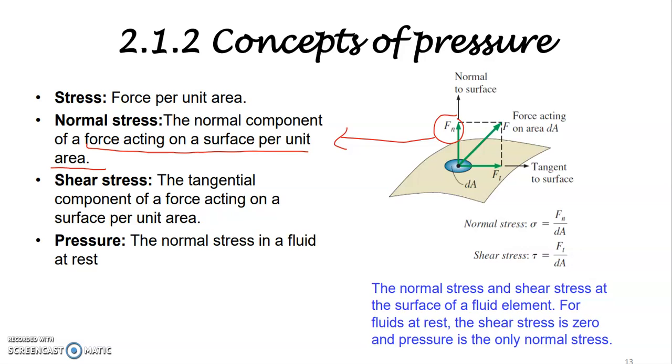Okay, for hydrostatics, there is no shear stress, meaning shear stress is 0 because the fluid is not moving. And then pressure is the normal stress in a fluid at rest.